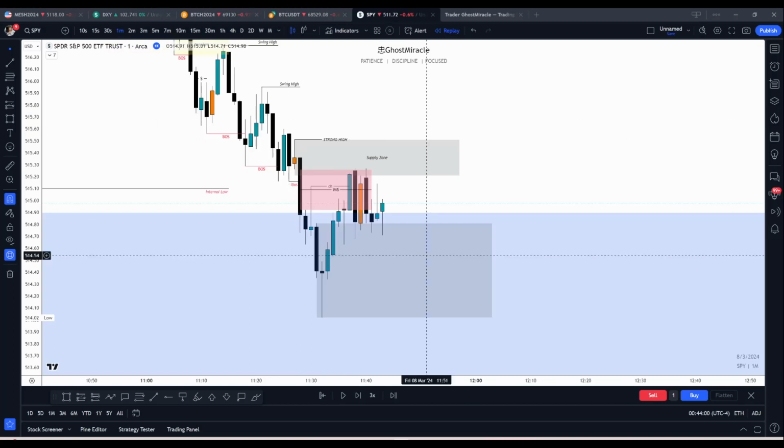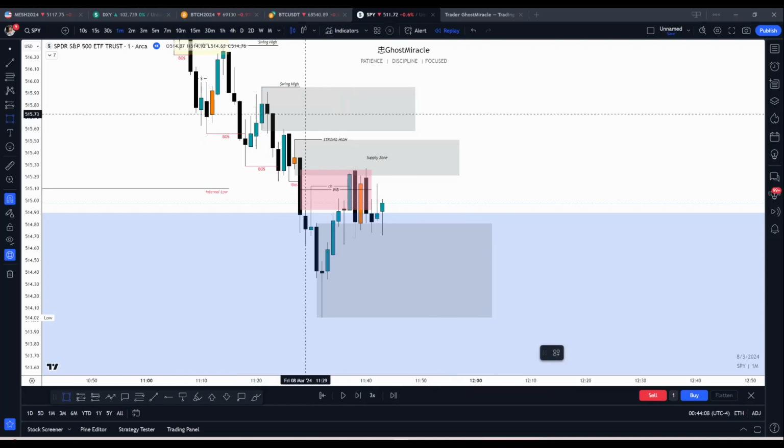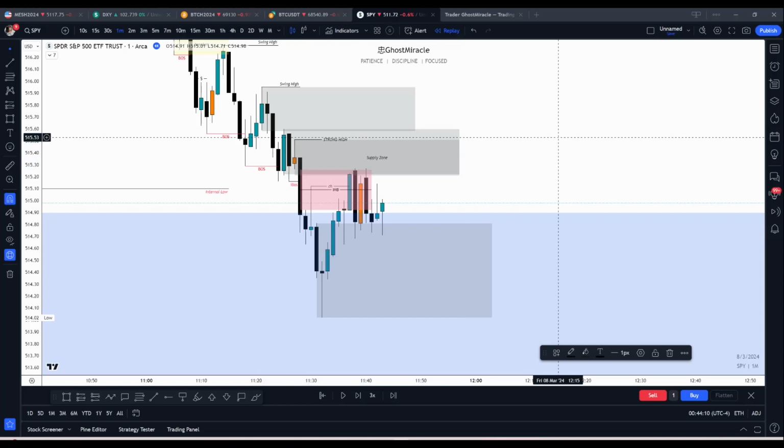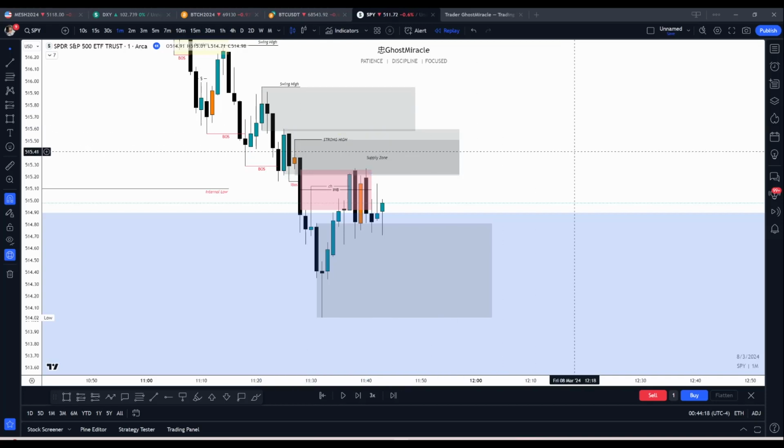So to me, that just makes it a bit more, so technically, you could use this entire zone because this was mitigated by this candle here.